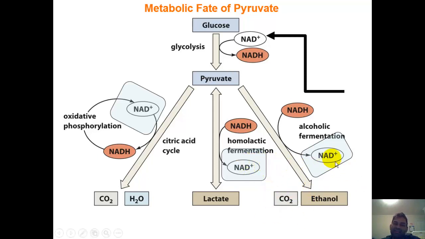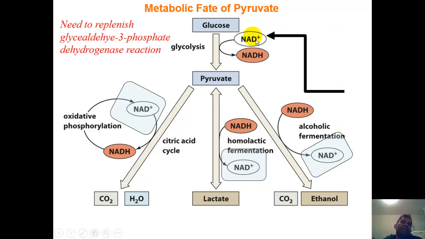This NAD+ goes back into this step of glycolysis, the glyceraldehyde 3-phosphate dehydrogenase reaction. So for simple bacteria, you need to get that NAD+ back to allow this enzymatic reaction of glycolysis to continue. This is reaction 6, or enzyme 6 of glycolysis, without which glycolysis cannot work.